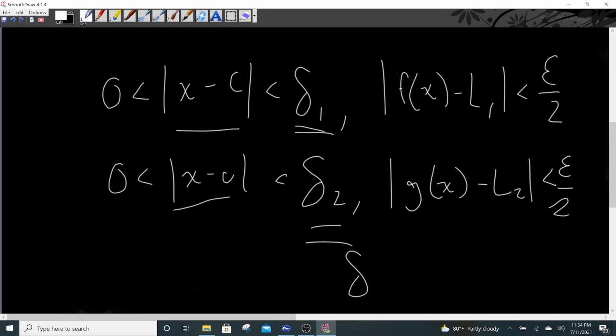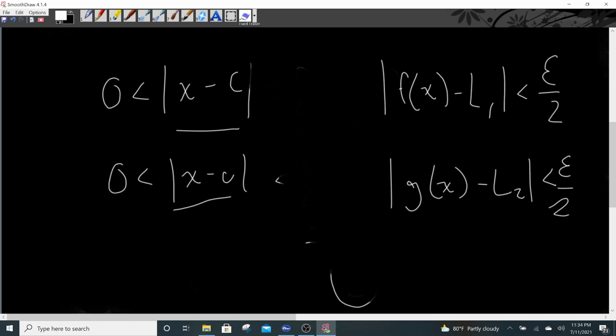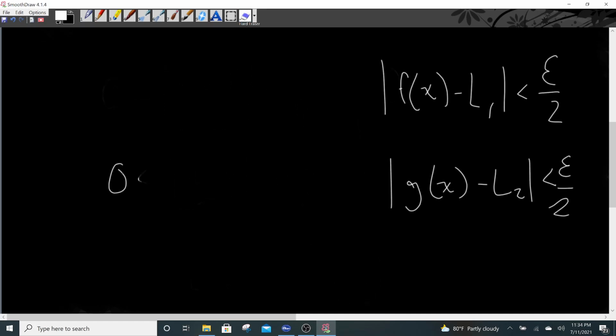If c remains the same, and we have one delta value that is either less than or equal to delta 1 or less than or equal to delta 2, then our expressions are 0 is less than the absolute value of x minus c, which is less than delta. That should be applicable for both of our expressions on the right.